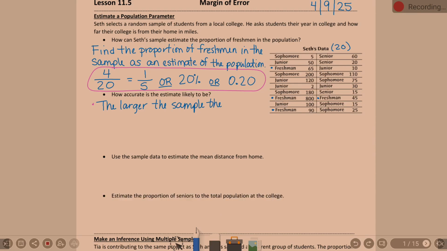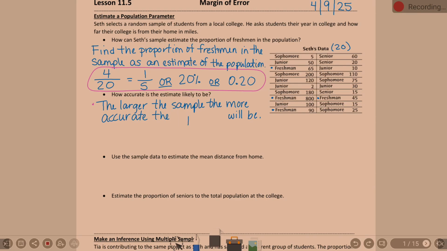The larger the sample, the more accurate the population will be, or the more accurate the, I should say, estimate. Yeah, that should say estimate. That would make more sense, wouldn't it?